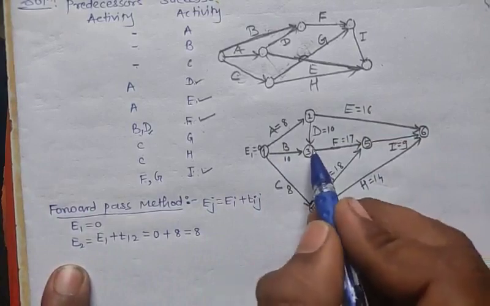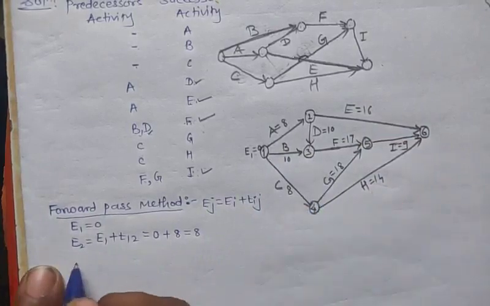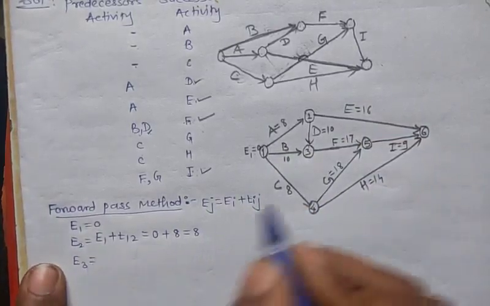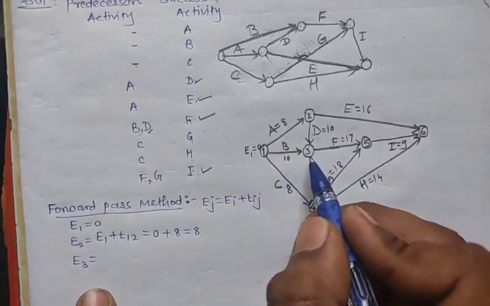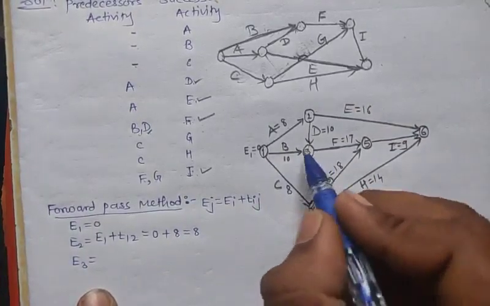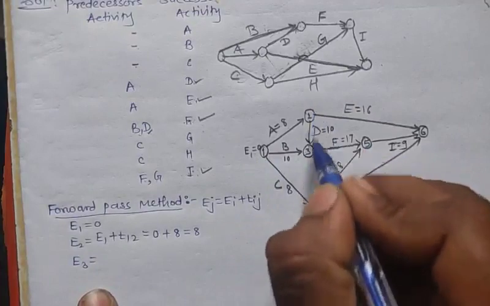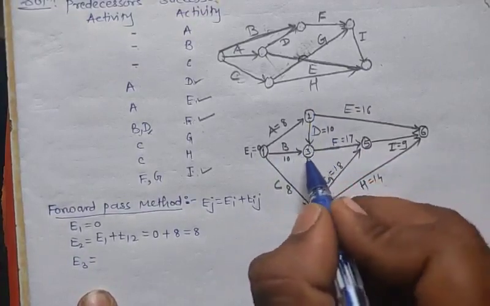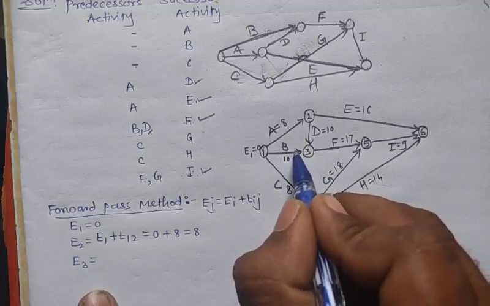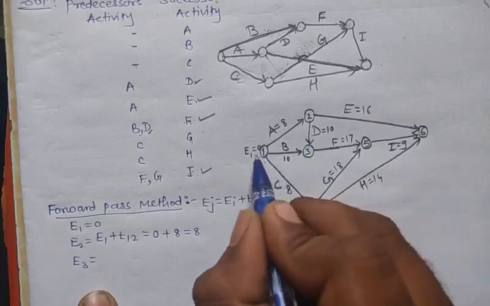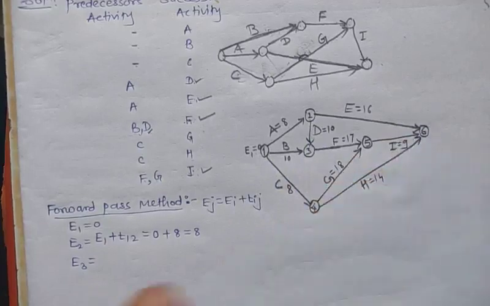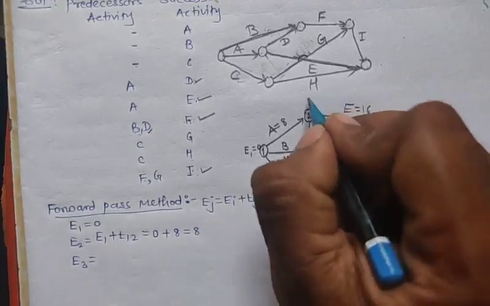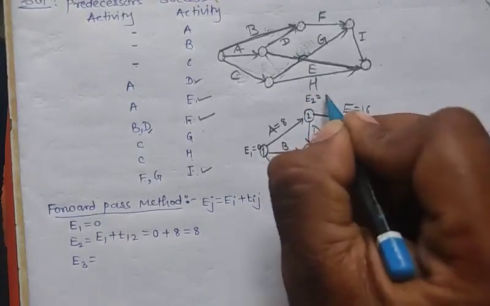Next calculate E3. E3 has arrows which come from E1 and E2, right? We got two arrows, from E1 and E2. Here the value of E2 is 8.